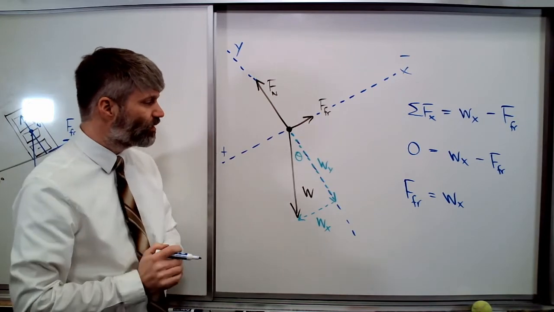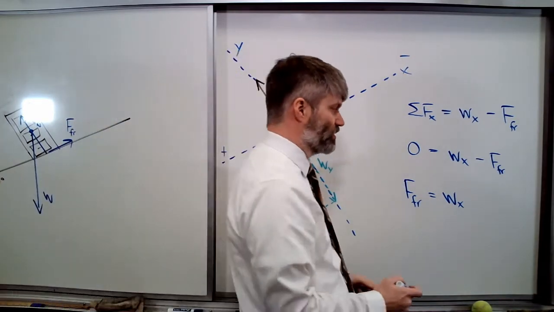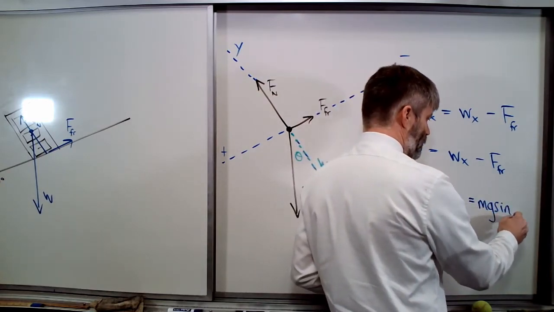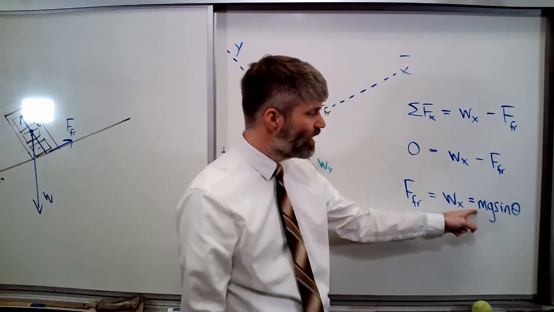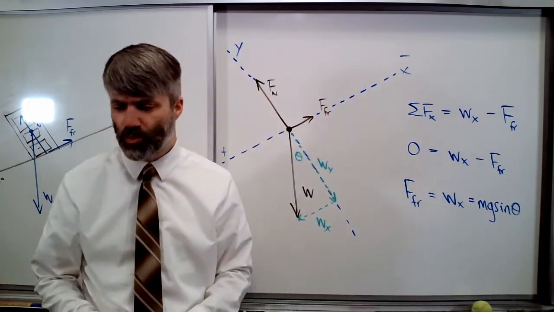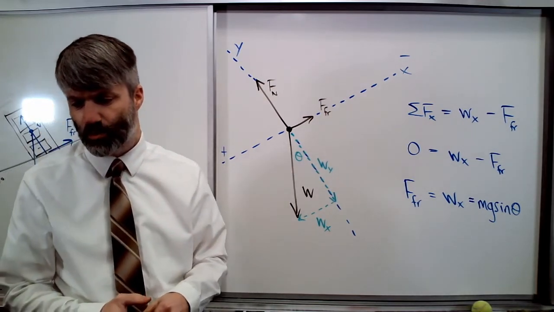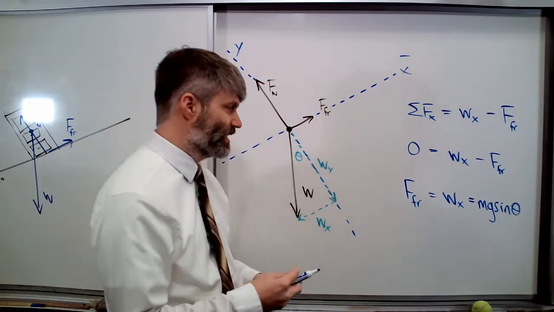Well, the x component of the weight, you can see theta, we've got that as the opposite again, so this is going to be mg times the sine of theta. We know m, we know g, and we know theta. Putting those values in, we should get a value of about 167.589 blah blah blah newtons, or about 168 newtons.